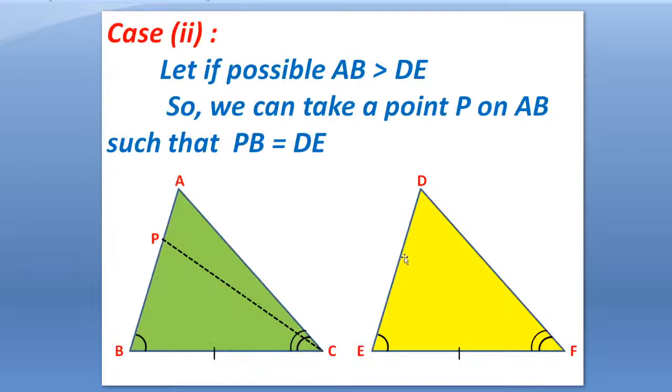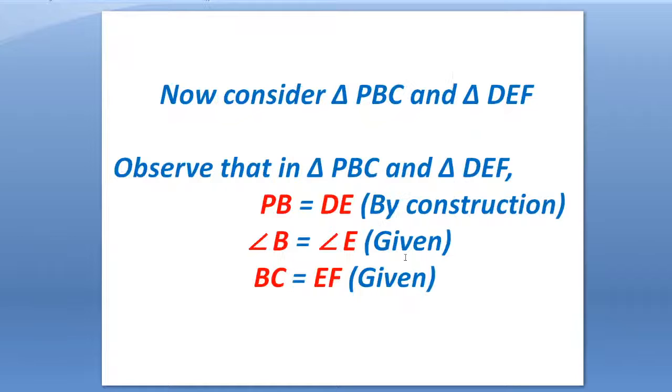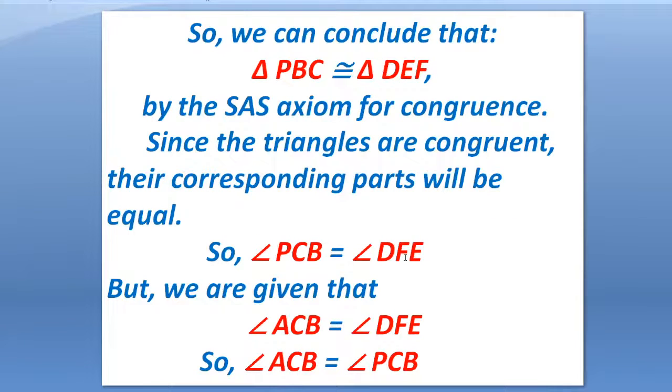Now in the second case, if AB is greater than DE, we can take a point P on AB such that PB and DE are equal. Then what happens? PB is equal to DE by construction. Angle B is equal to angle E is given. BC is equal to EF is given. And so by SAS, triangles PCB and DEF are congruent.